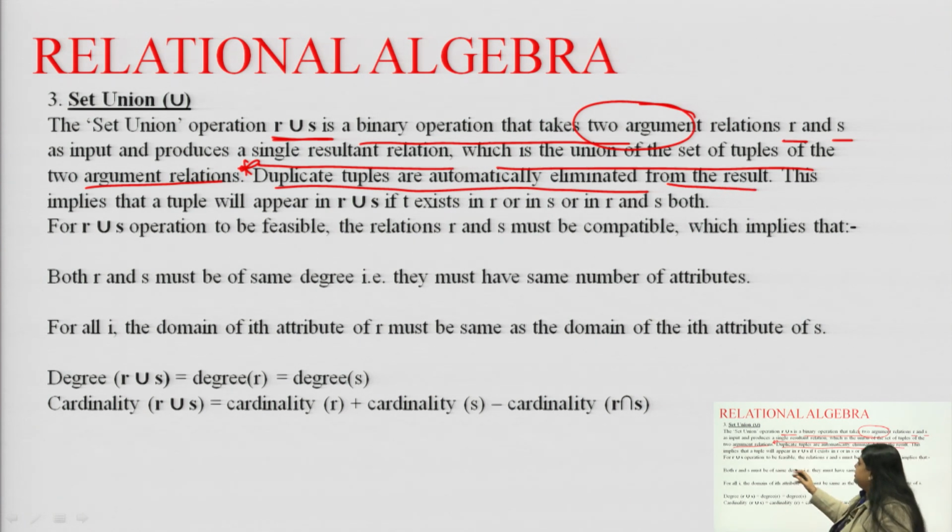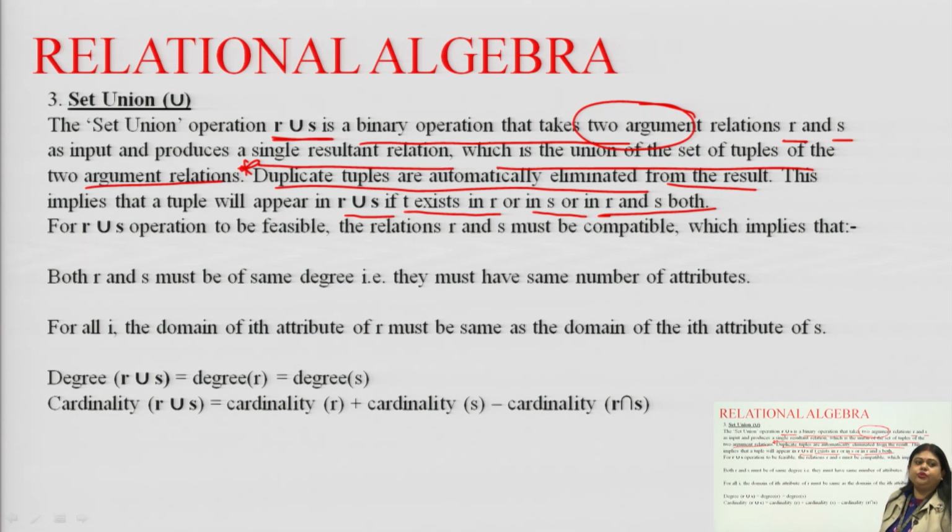This implies that a tuple will appear in R union S if it exists in R or in S or in both R and S. So, we get a tuple in our resultant table if it is there in R, or it is there in S, or it is there in both the relations.